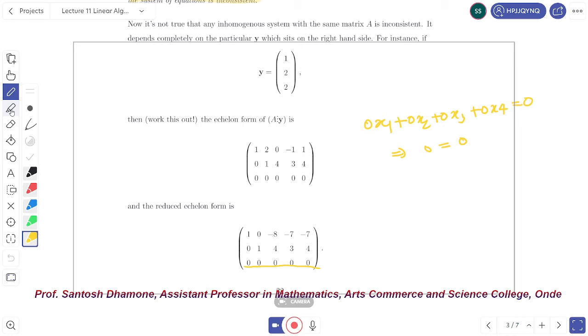This implies that x2 is equal to 4 minus 4s minus 3t.